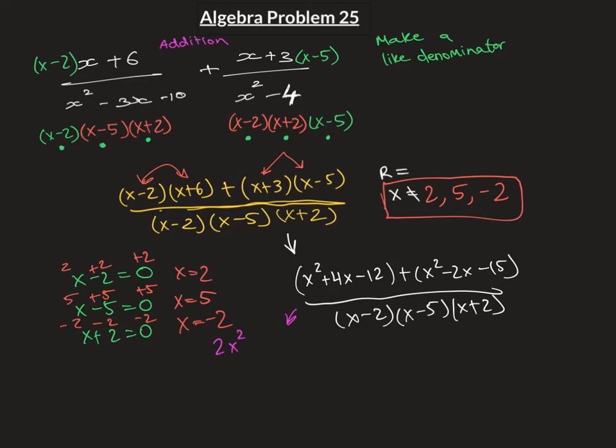Then 4x minus 2x, which is plus 2x. And then minus 12 minus 15, which is minus 27. And this is all over, once again, x minus 2, x minus 5, and x plus 2.